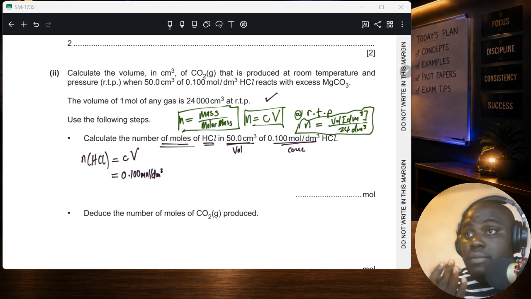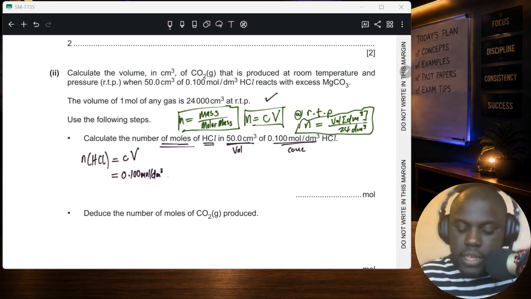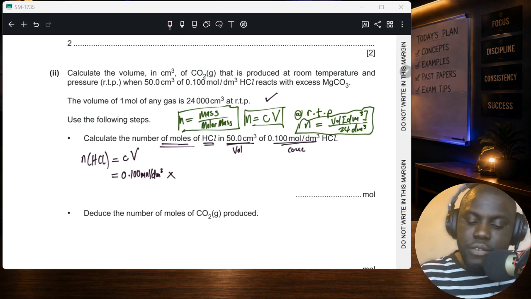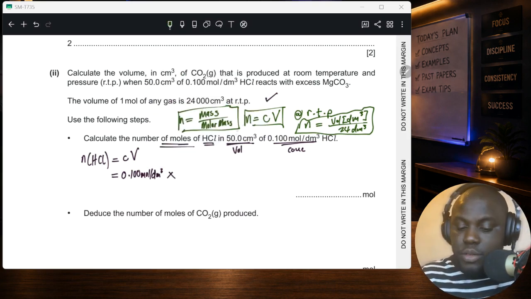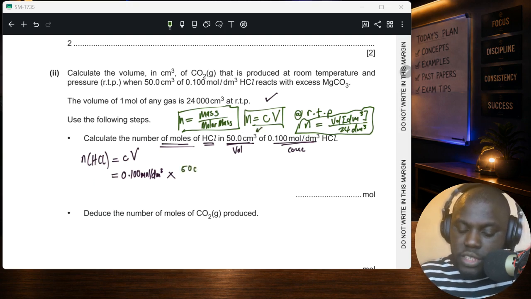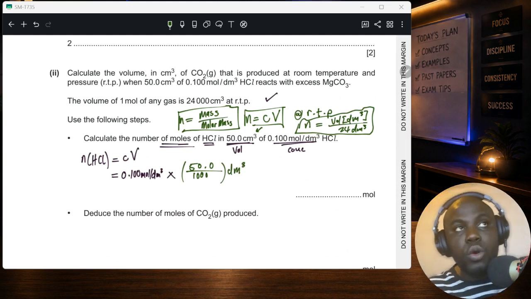Look at what you've been given. Then you multiply by the volume. Now we know that the volume should be in dm cubed, and we know that they will never give us in dm cubed. They'll give us in cm cubed to try and trap us. But we will divide it by 1,000 to change it to dm cubed. So you say 50.0 divided by 1,000, so that it is now in dm cubed. It should always be in dm cubed.